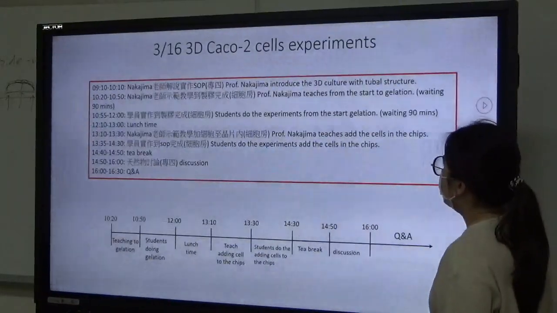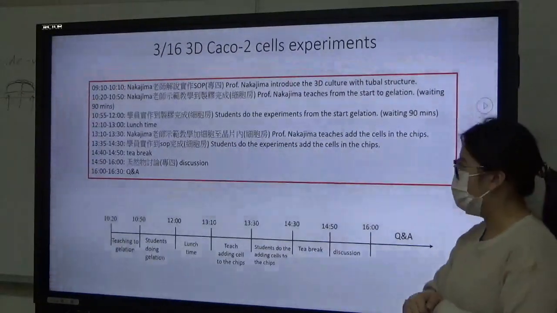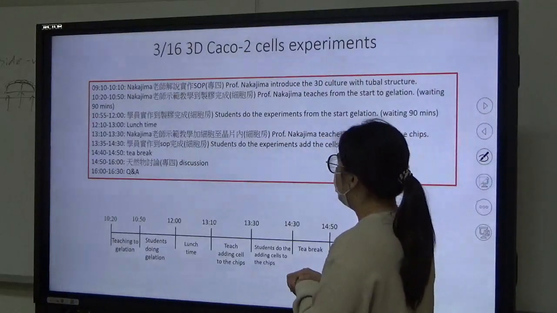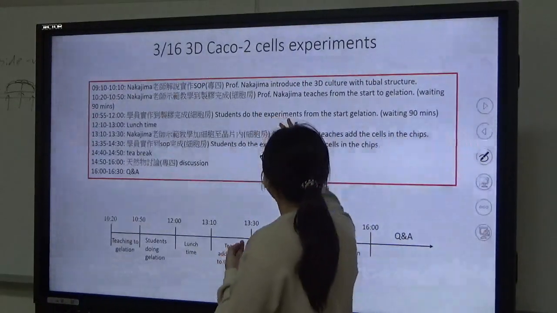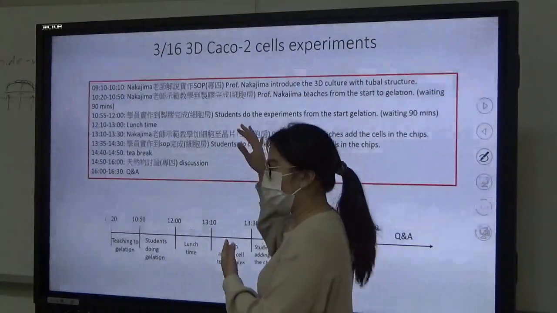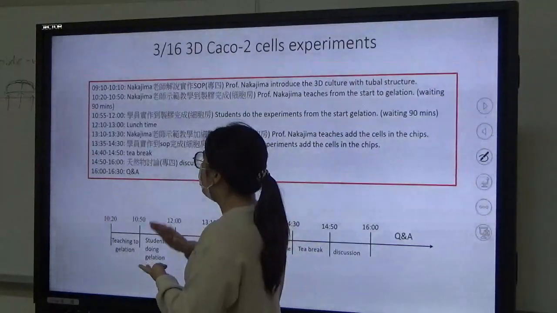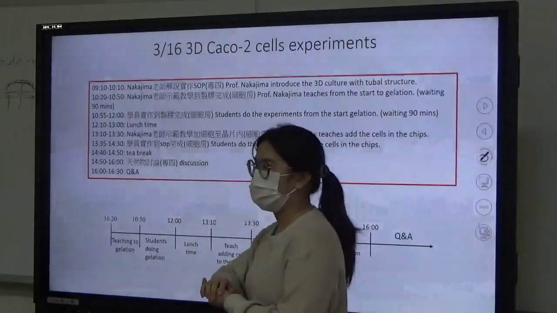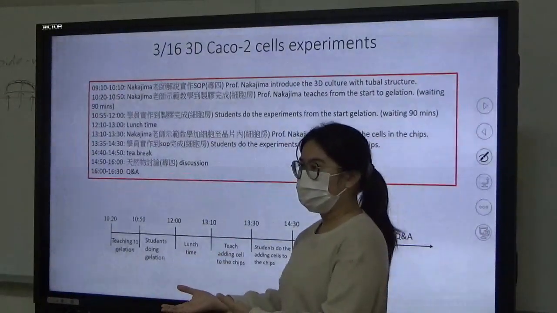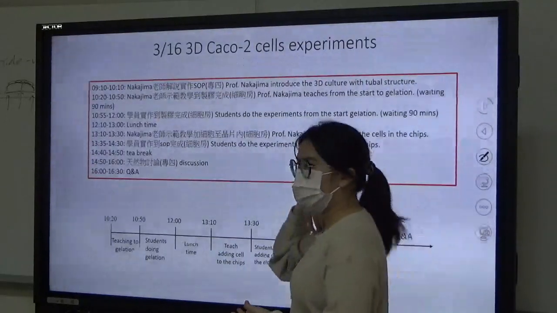And then we thought maybe tomorrow's schedule, at 9 a.m. to 10 a.m., Sensei will give a speech to introduce the 3D culture.